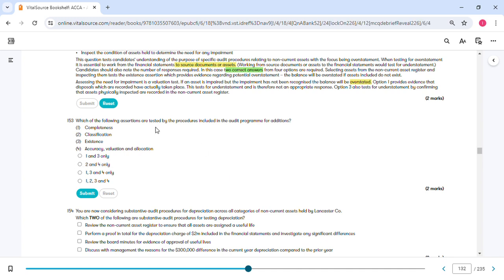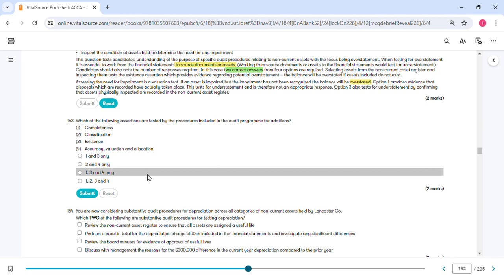Which of the assertions are tested by the procedures for additions? For additions, what will we do?